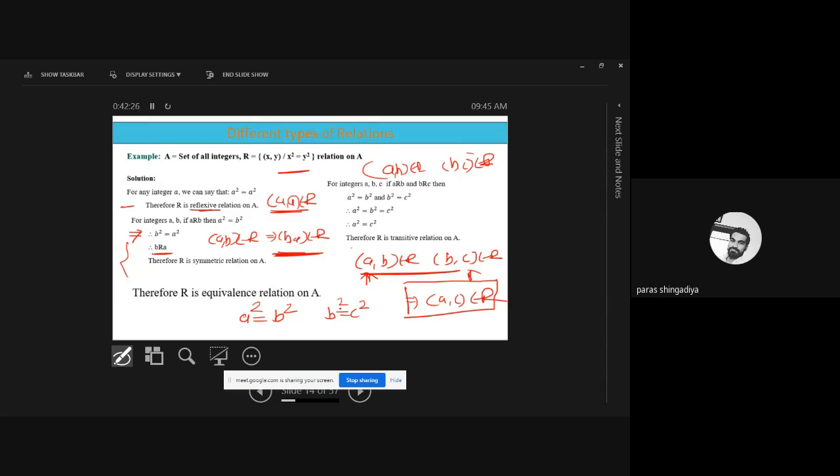Which type of relation can you create from the real line? You can define it.